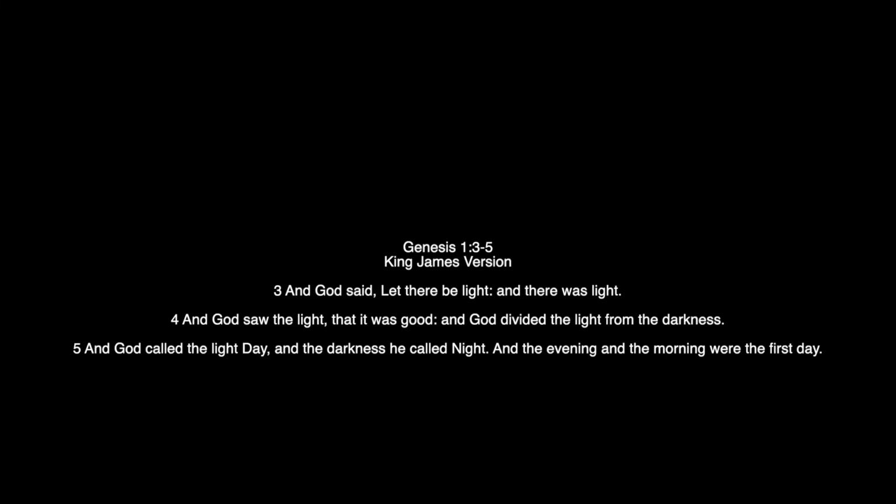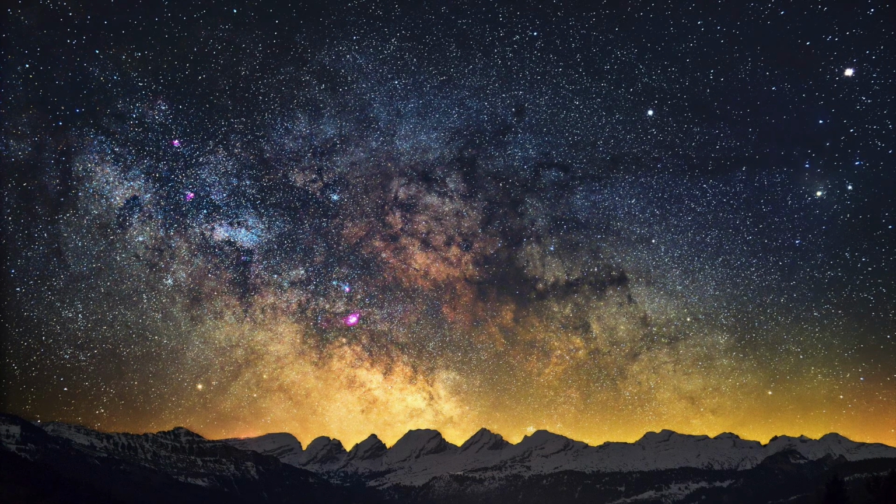All right. So here we can see that in Genesis 1:4, it says, "And God saw the light, that it was good, and God divided the light from the darkness." Now, when you divide a whole thing, which would be the day, into two parts, day and night, you have half day, half night.